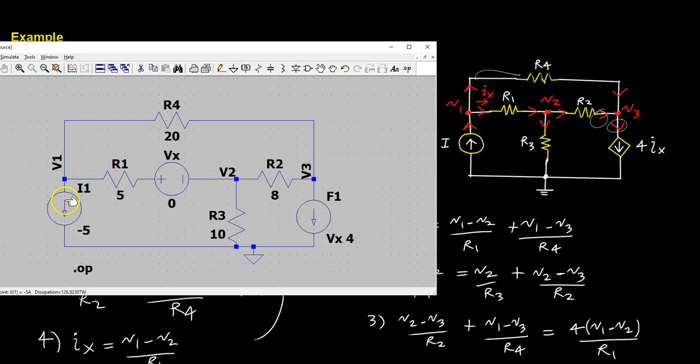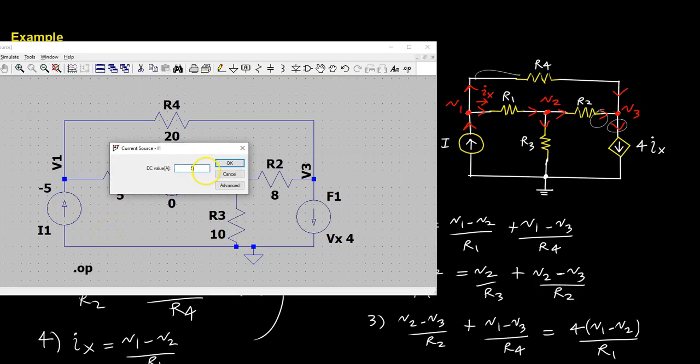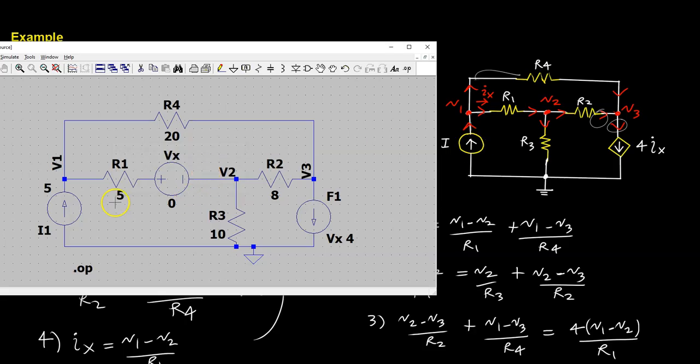So you can either have a downward pointing current source that has a negative value, or you can just simply go here and select the current source, and press Control R to rotate until you get to the cardinal orientation, and right click on the current source and select the positive value to correspond with the schematic. Either way, this should work.